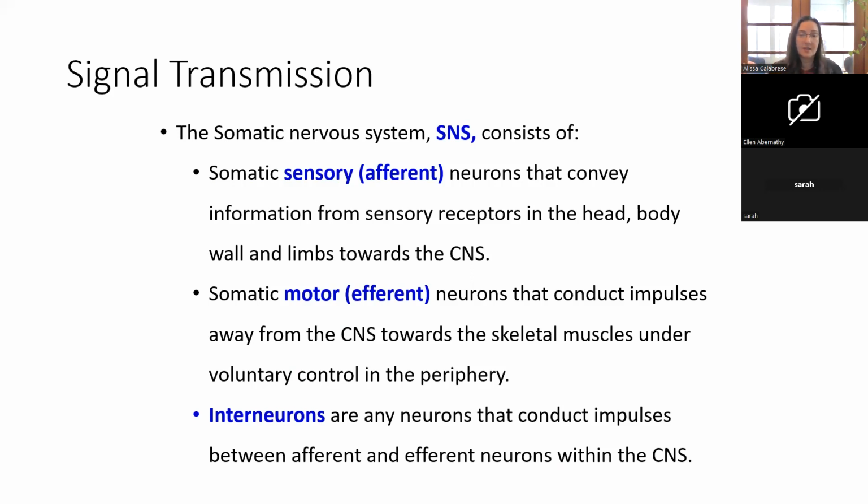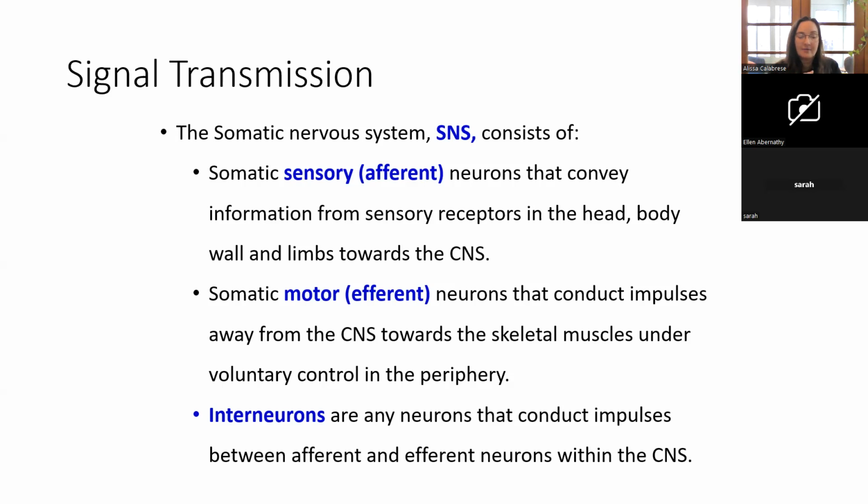So that's information that is coming from your senses, whether it's the sense of touch or the sense of smell or sight or taste or whatever it might be. That's carrying information to the brain, right? So if we're going toward the brain, that's sensory, also referred to as afferent with an A, going towards the brain with an A.